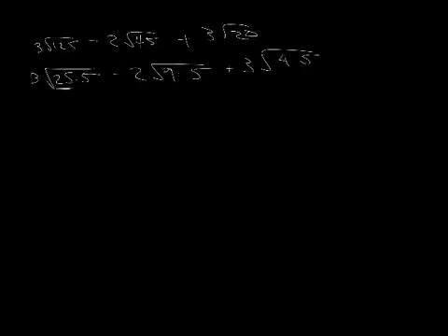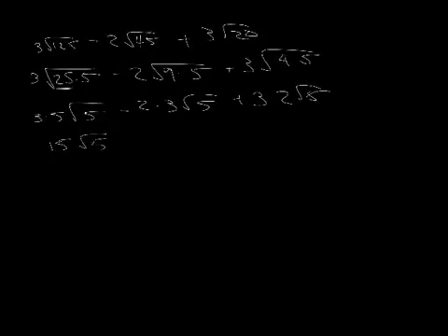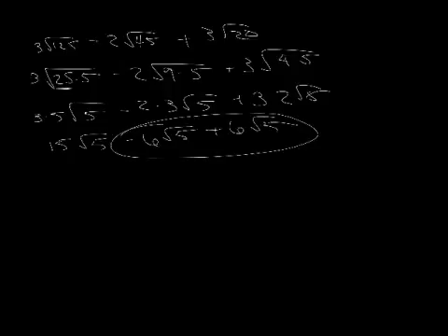And then I can take the square root of 25, pull it out, left with 5 in there. Take the square root of 9 and leave the 5 in there. Take the square root of 4 and leave that 5 in there. And we get 15 square root of 5 minus 6 square root of 5 plus 6 square root of 5. Those cancel each other out because one's a positive and one's a minus, and we're left with that. So I know I went kind of fast there, but you can slow me down.